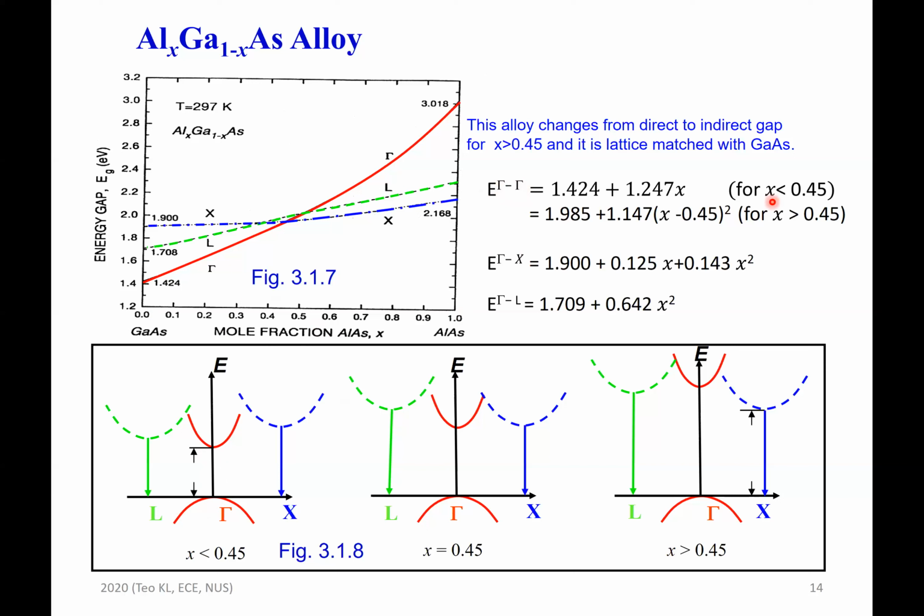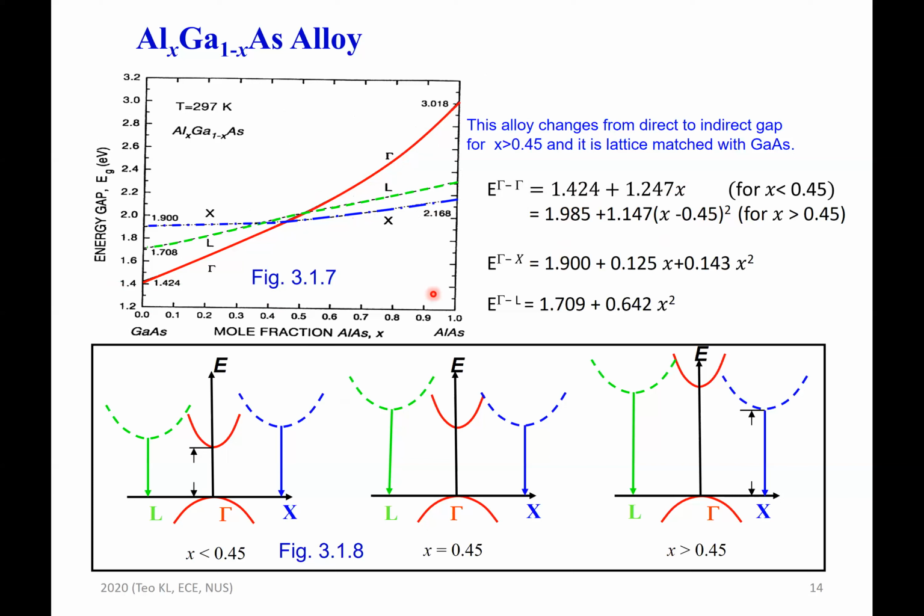For x less than 0.45, from here to here, this curve can be represented by this equation, which is a straight line. Beyond 0.45, it tends to go like a square dependence.